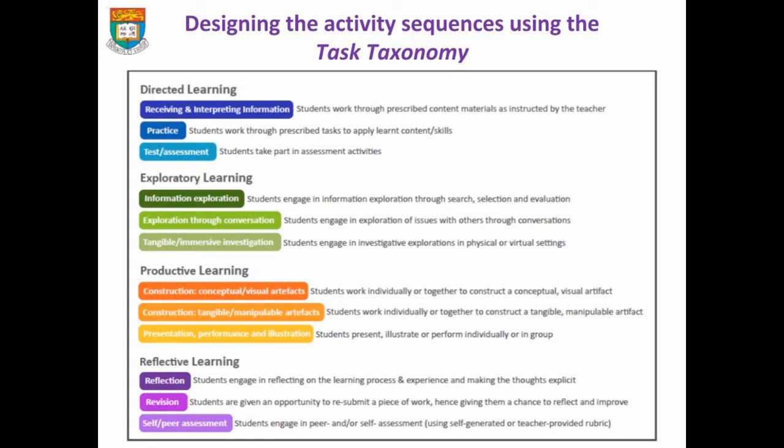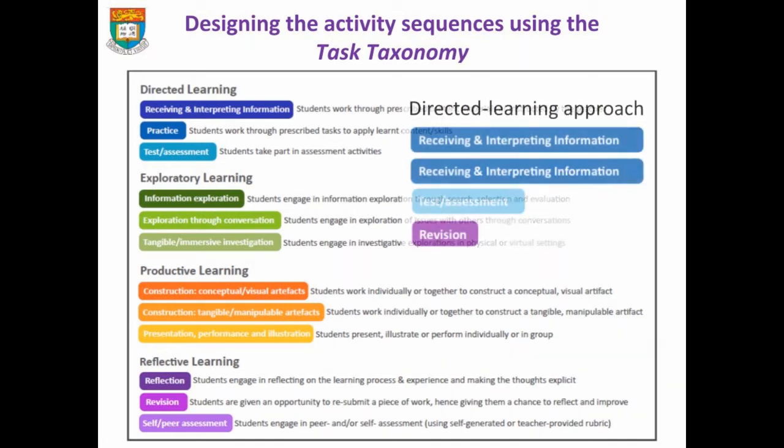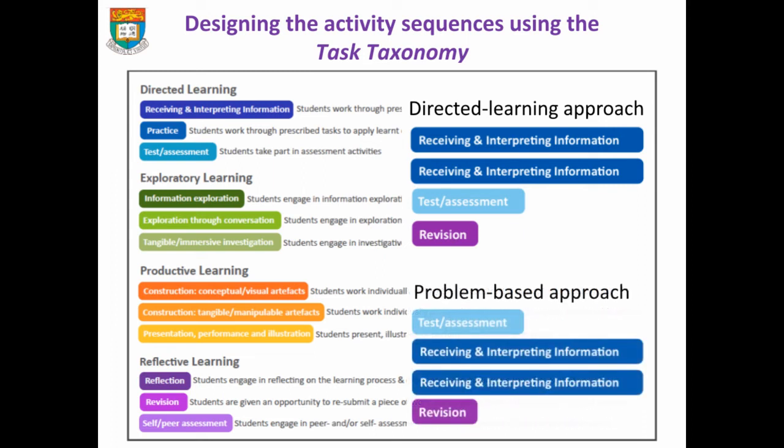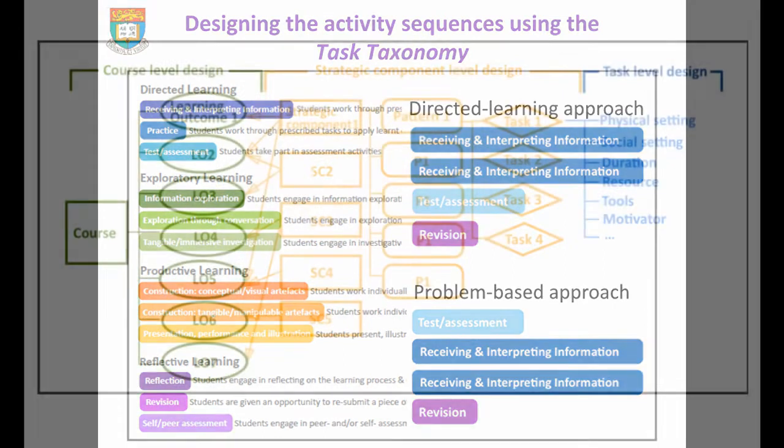The task taxonomy comprises 12 task types, which are grouped under 4 categories: direct learning, exploratory learning, productive learning, and reflective learning. By selecting the tasks and putting them into different orders, we can formulate task sequences that manifest different pedagogical approaches and lead to different learning experiences.